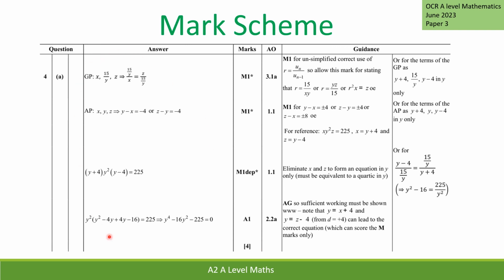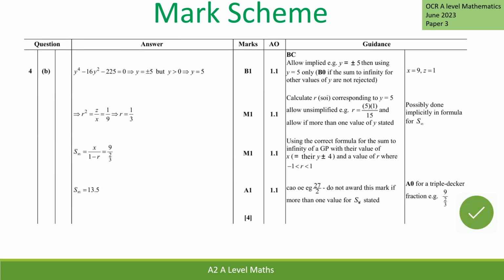Here are where the method marks or the answer marks are awarded in the exam. There is some guidance over on the right hand side to show you where some of the marks could be awarded, or different parts for the examiner to look out for to help give you some marks. On part B, we've got B1, which is also a method mark.